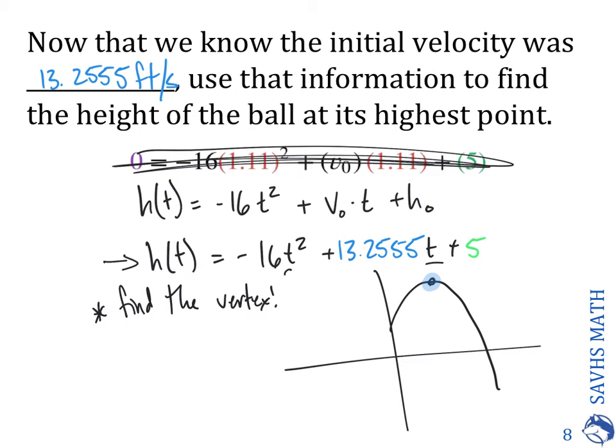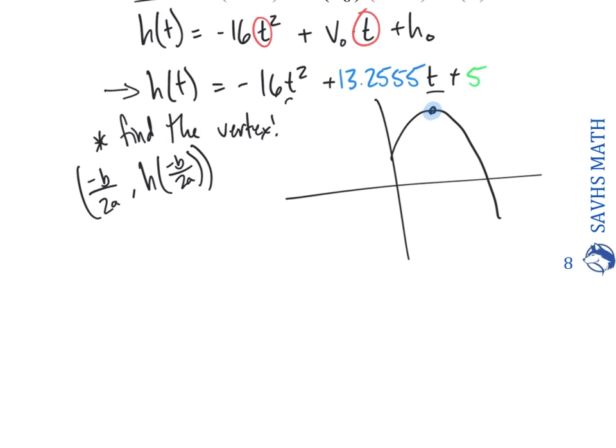To do that, I need to do negative b over 2a is the x value, or for our purposes, because the inputs are times here, that's going to be our t value. And then the height is going to be the output when you put that value in. So I'm going to write h of negative b over 2a. This should look really familiar at this point.